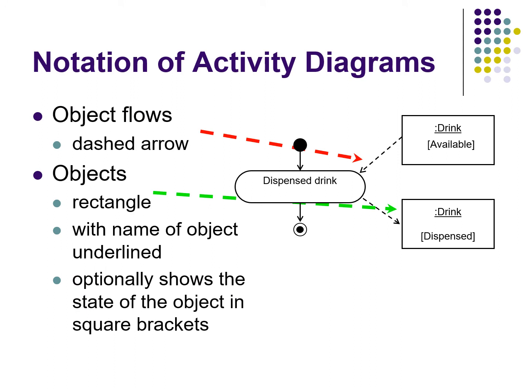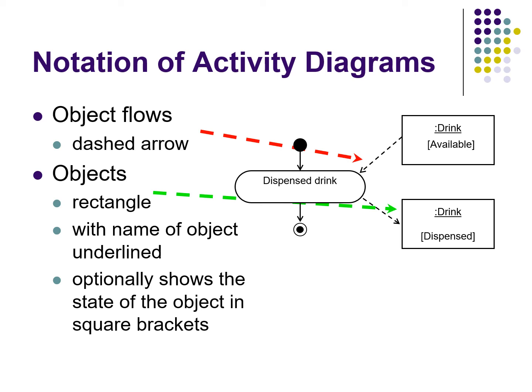And then you can also identify what objects are involved in that process or in that activity, and you can show what those objects are. For example, in this case, it's dispense drink, so the object related to this activity is string. You can have a dash arrow to show the flow.